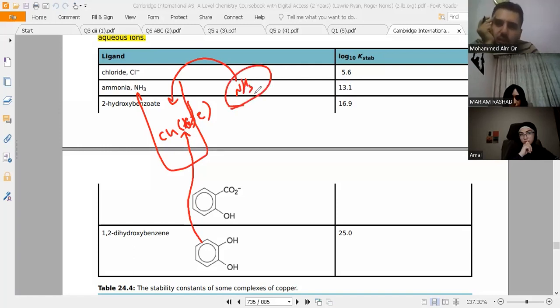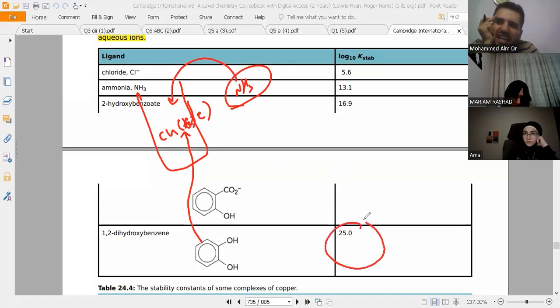Will ligand substitution reaction take place? No, it will never. Wait, let me ask you another question. Why does this one have a relatively larger value than ammonia and the chloride? Because it has more OH atoms, so it's more soluble in water.